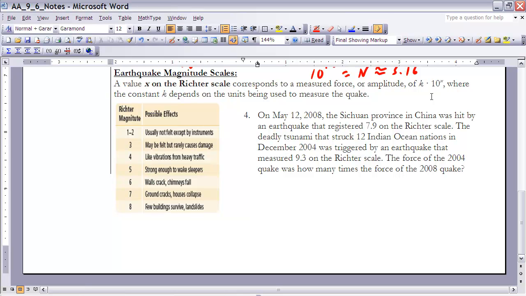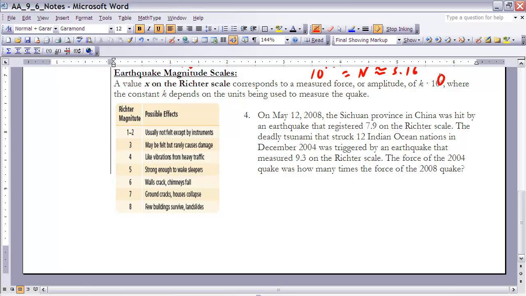A value on the Richter scale, x, corresponds to the measured force or the amplitude of k times 10 to the x, where x is the value on the Richter scale. The constant k depends on the units being used to measure the quake.